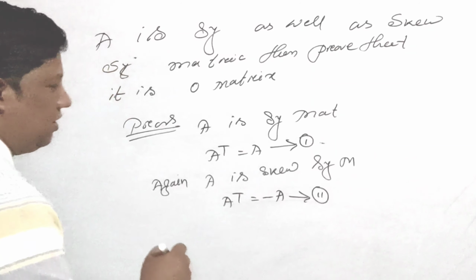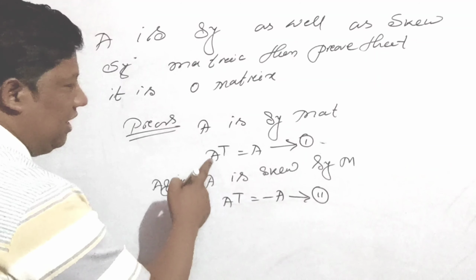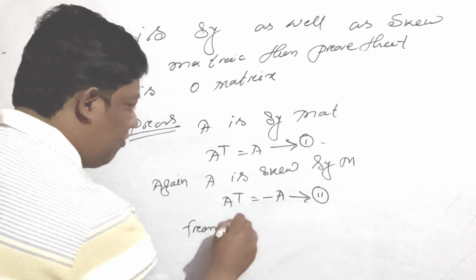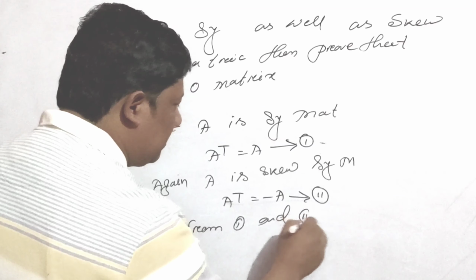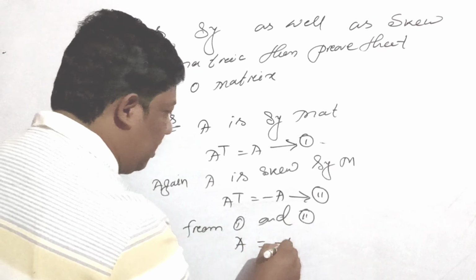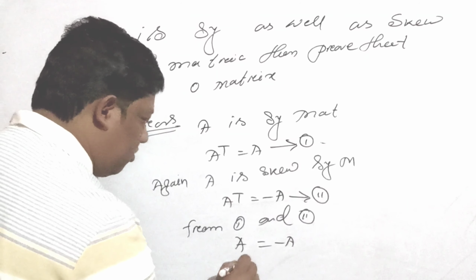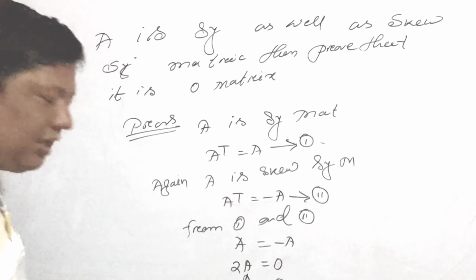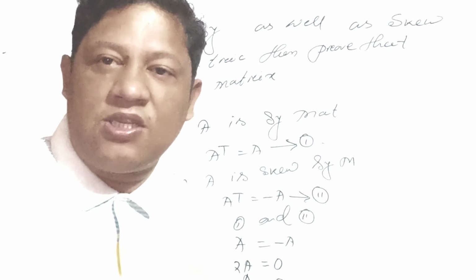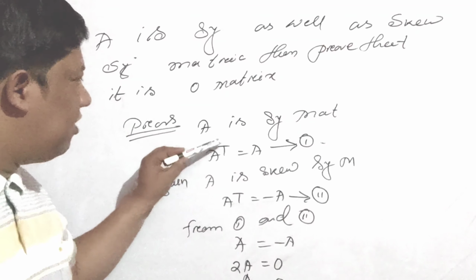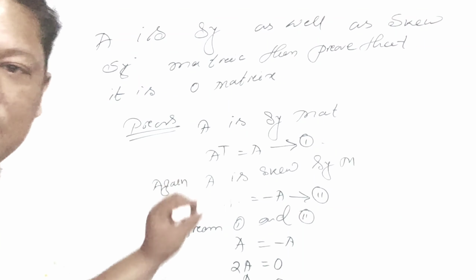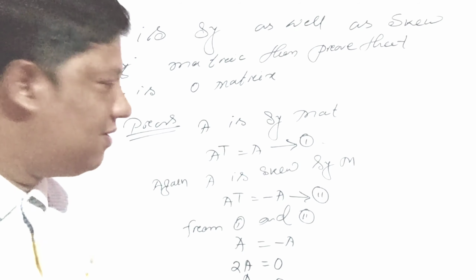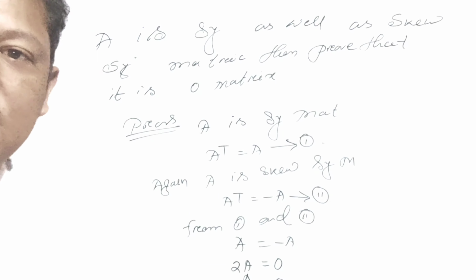From first and second, the left sides are equal, therefore the right sides are equal: A equals minus A. Bringing it to this side, twice A equals 0, therefore A equals 0. A equals 0 means it is a zero matrix. So my students, I have proved that if a matrix is symmetric as well as skew symmetric, then it is a zero matrix.